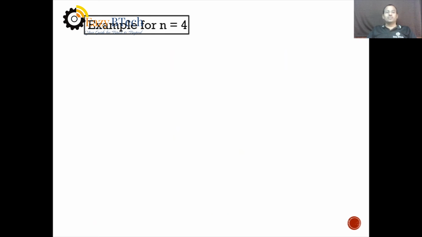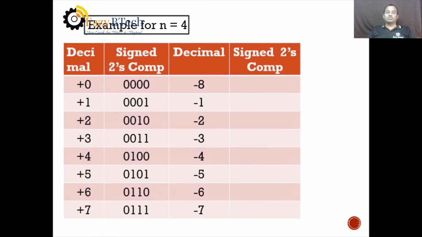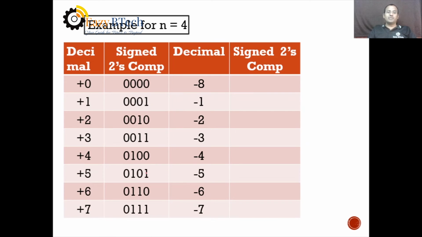Right? So we'll see the two's complement representation for n equal to 4. As positive numbers have the same representation in all three representations, signed magnitude, one's complement and two's complement, the only difference is the representation of the negative numbers. So we will see first for 1.